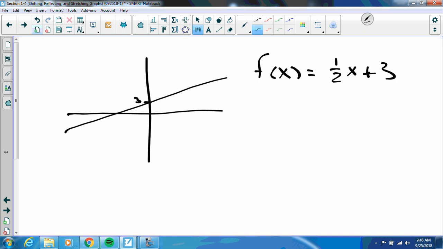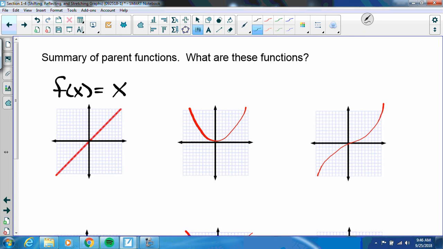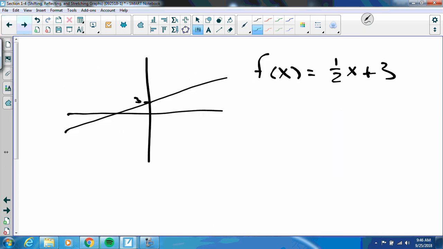What I'm telling you is that I can take this function, multiply it by 1/2, which makes the slope flatter, and I can add something to it. I add 3 to it, and I get that. So I can take a parent function, manipulate it, and turn it into anything I want.